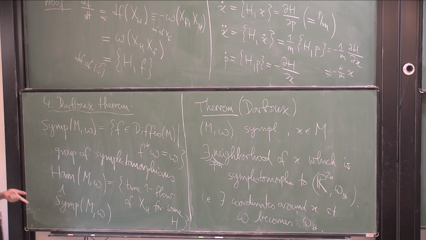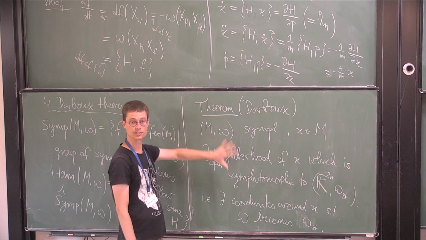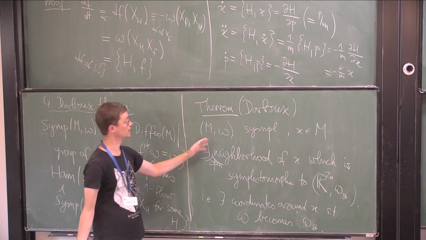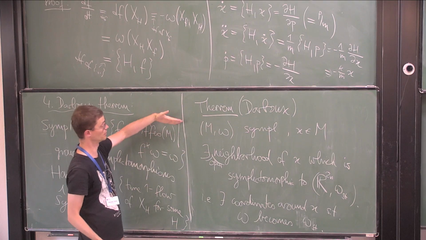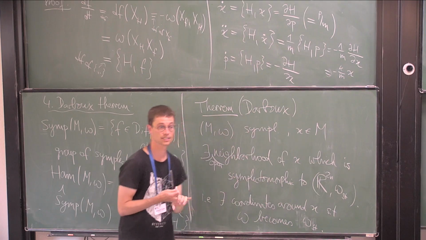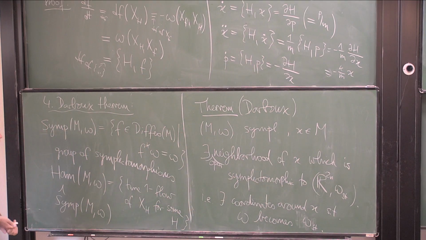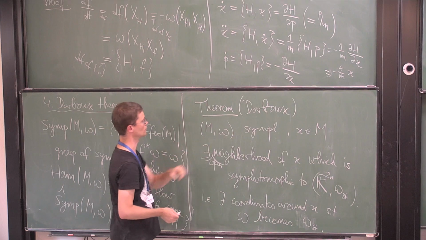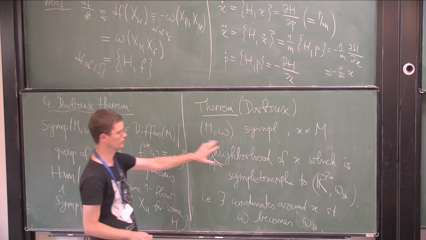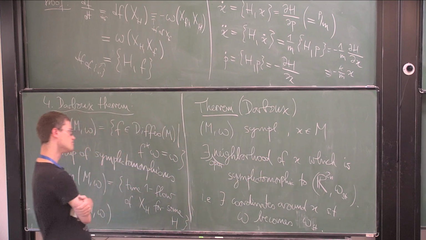Another way to go is you can try to quantize symplectic structures, getting a recipe to quantize. There are actually two recipes. One is called deformation quantization, the other one is called geometric quantization. Especially in geometric quantization, you really use the symplectic structure. For deformation quantization, you more have Poisson brackets, which is a bit more general.